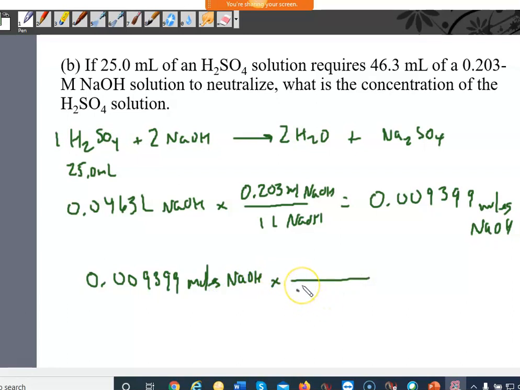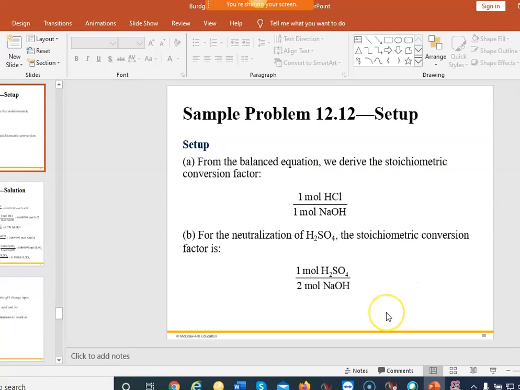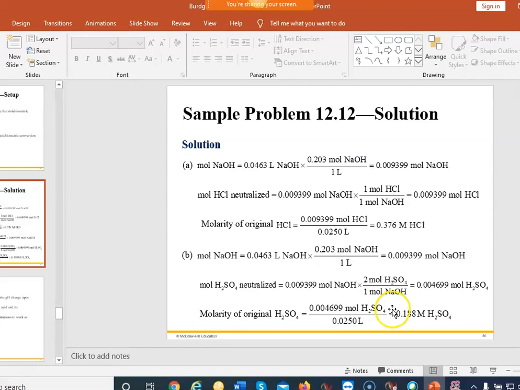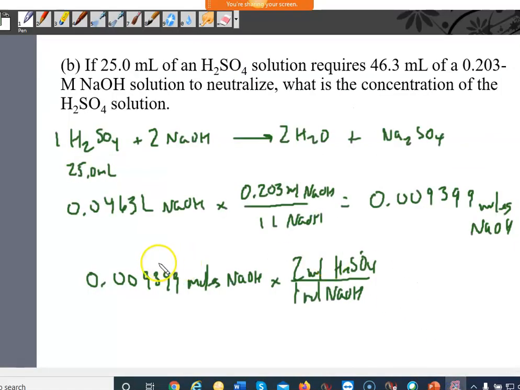For every 1 mole of sodium hydroxide, it's 2 moles of the H2SO4, because you have 2 H's for every one. Equal times 2. 0.01879.